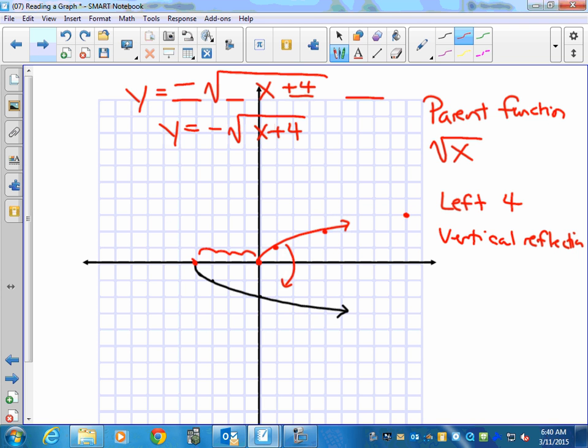Now, the best part of when you're dealing with a graph and you have an equation, you can always test points to make sure that they work properly. So I'm going to work on this point here, which is x equals -3, y equals -1. I'm going to plug that into my equation to make sure it works. Okay, the opposite of -3 plus 4. -3 plus 4 is a +1.